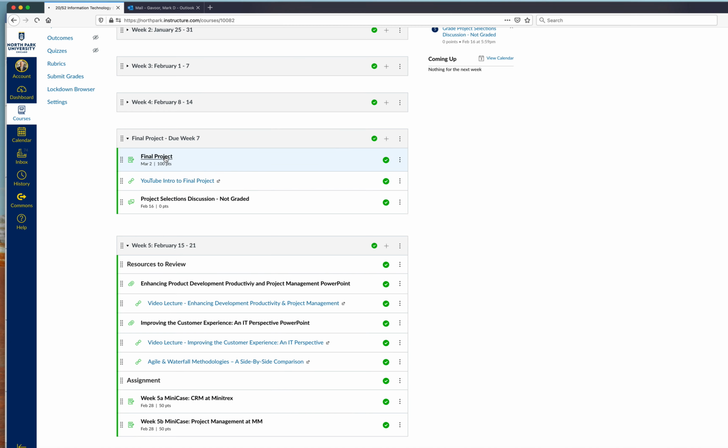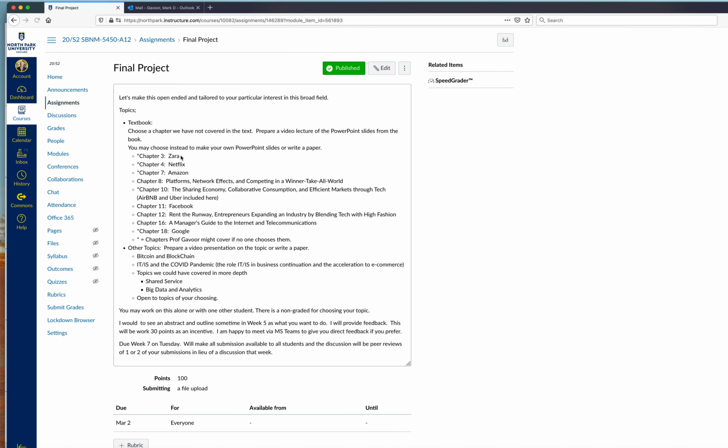If we look at the final project, I think we have someone doing Zorro, we have someone doing Netflix, we have someone doing the platform network effects, which is chapter 10, the Uber thing. I have someone else working on the role of IT as people moved all online during the COVID experience.